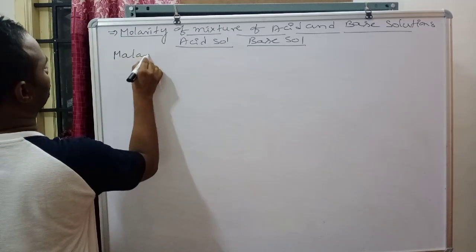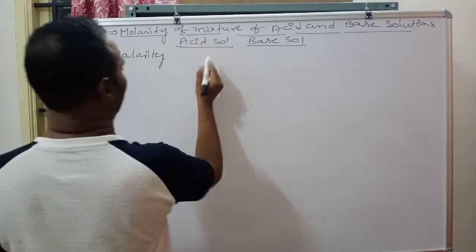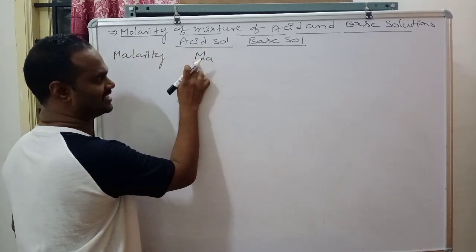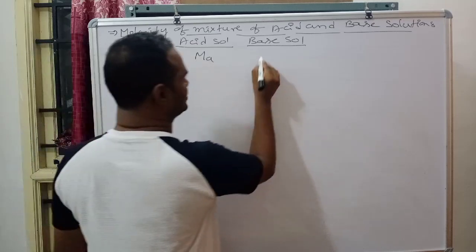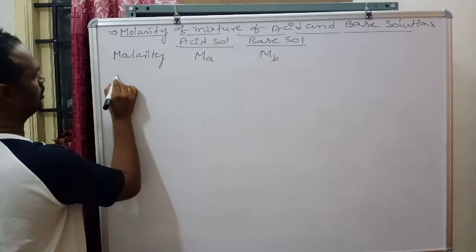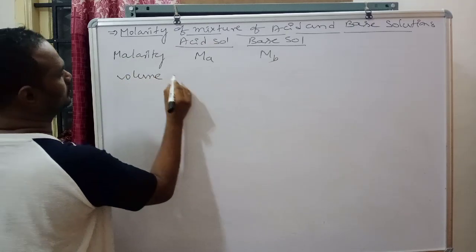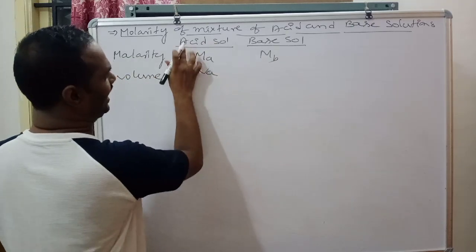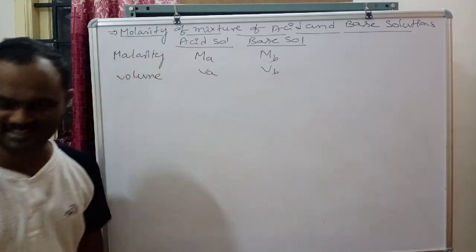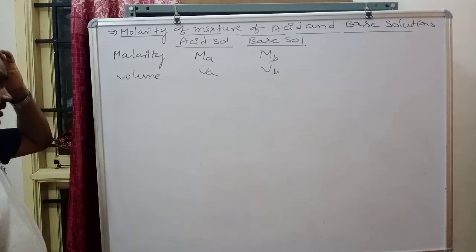Molarity of acid solution, M suffix A, here A indicates acid; molarity of base, M suffix B; volume of acid Va, volume of base Vb. These symbols we are going to use.